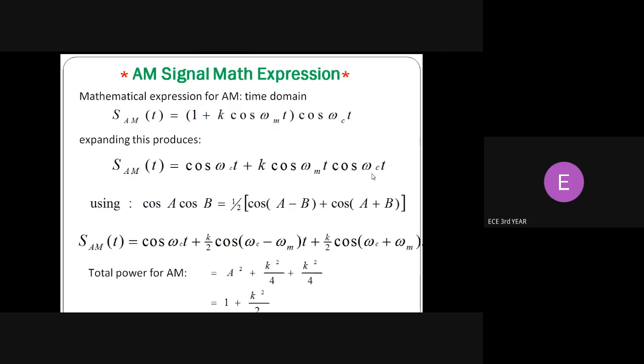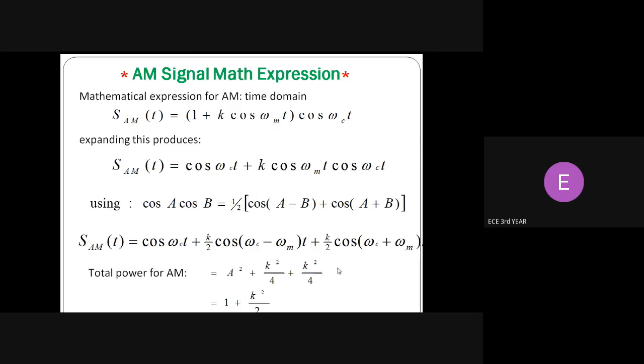By applying this, we can change it to cos omega ct plus k by 2 cos(omega c minus omega m)t, where A is omega c and B is omega m, plus k by 2 cos(omega c plus omega m)t.